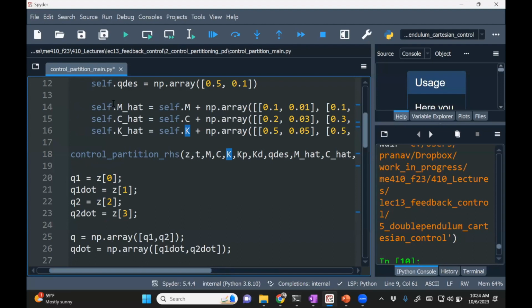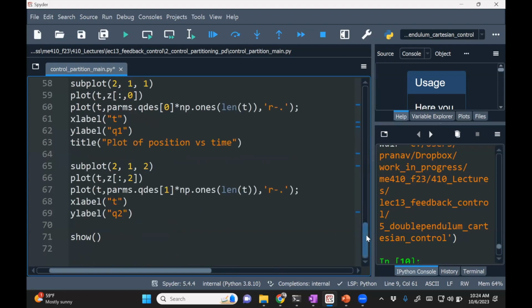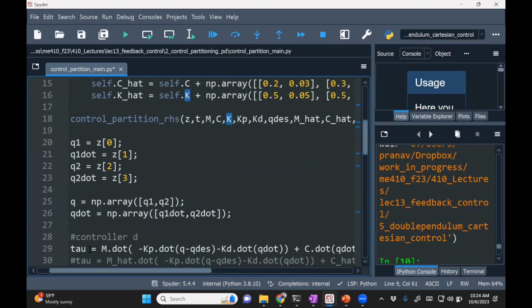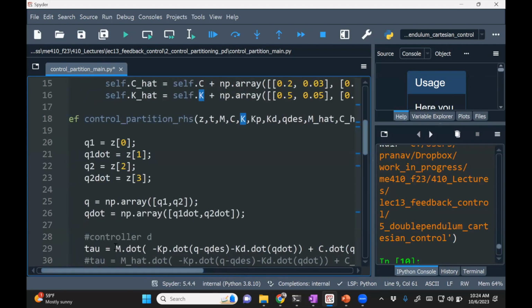Okay, I also have m hat, c hat, k hat. What this does is basically take m, c, k and add some random constants to them, so it's not the perfect model. And so what I did then was I have a controller based on control partitioning here, not the PD controller which I wrote down notes.